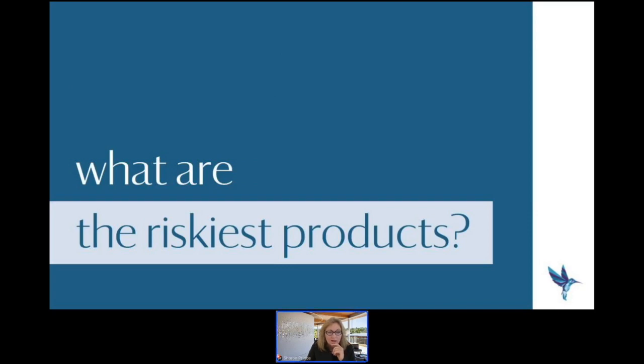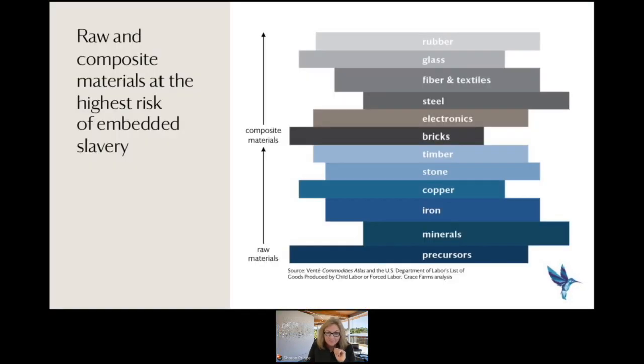So what are the riskiest products? Well, there was no list of materials at the beginning, so we researched and developed a list of 12 raw and composite materials that are at risk, that have long-standing histories of human rights violations, and that have been right in front of us.